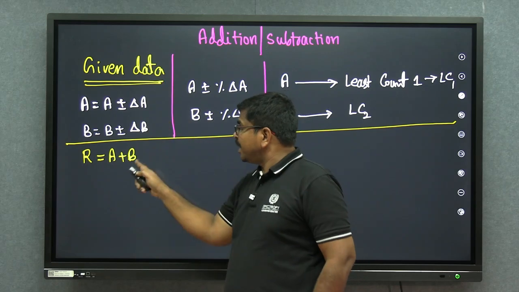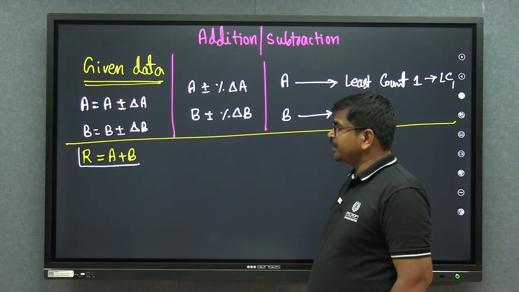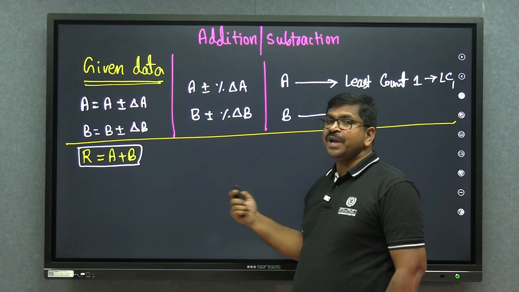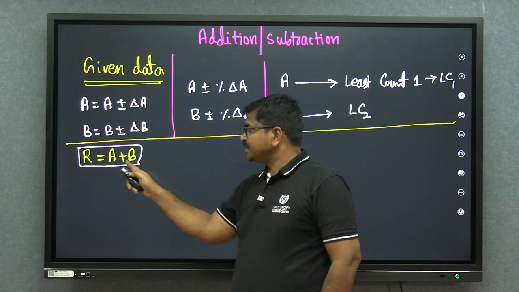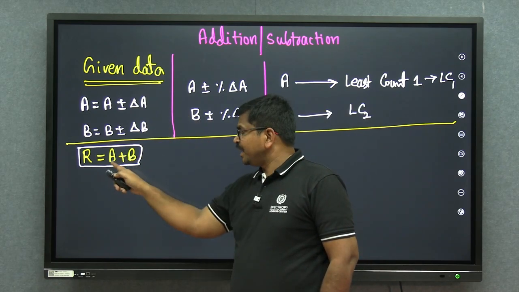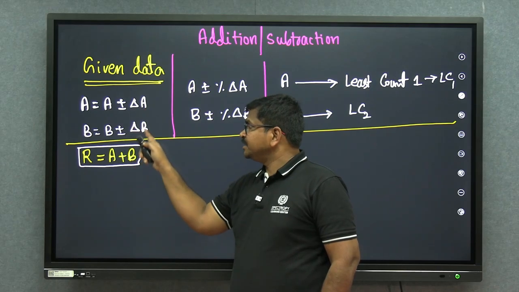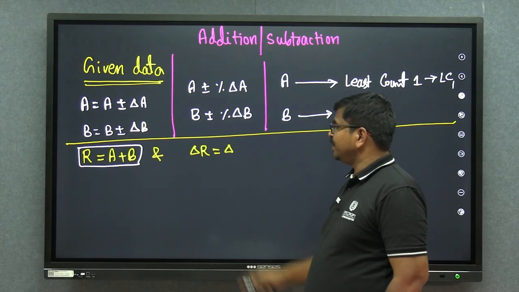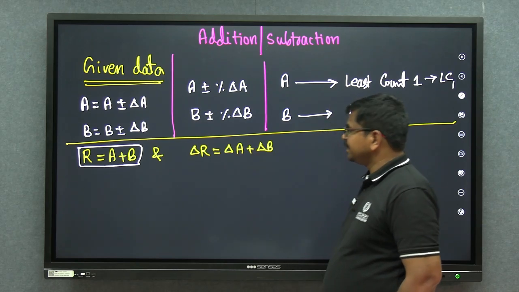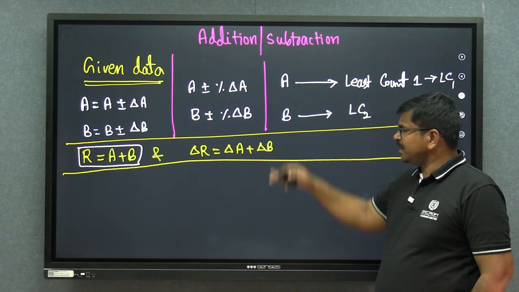So for the addition operation, delta A plus delta B, because the addends are A and B. A's error is delta A, B's error is delta B. Those two must be added, so delta R is delta A plus delta B. This is the working rule.